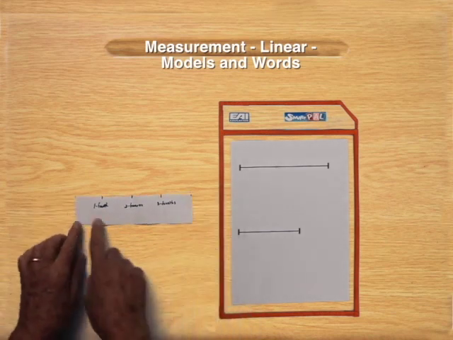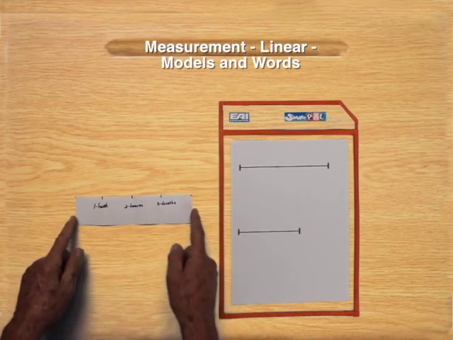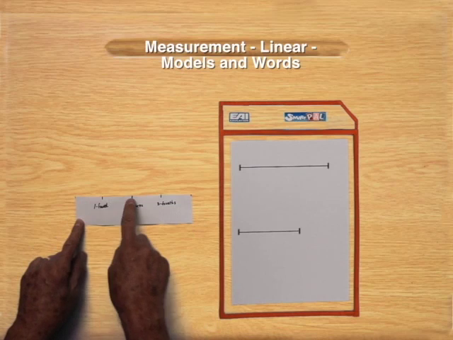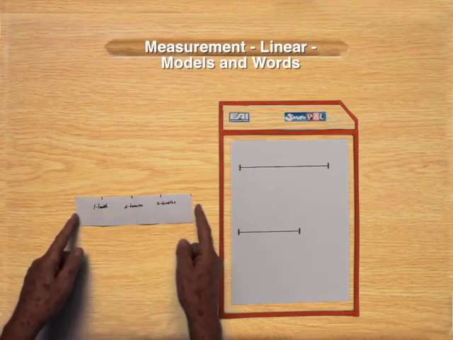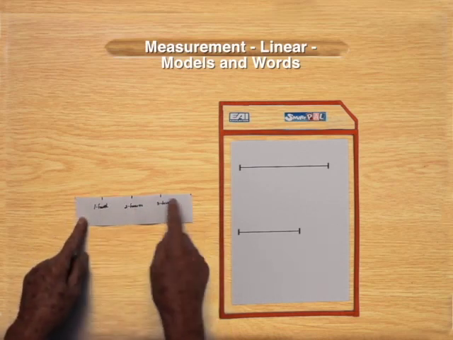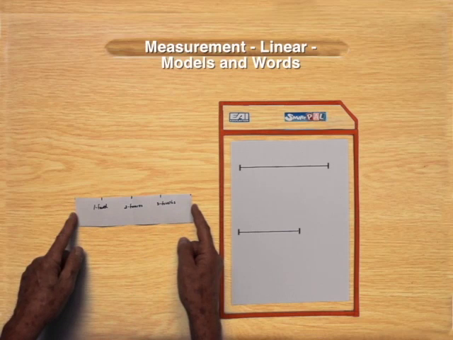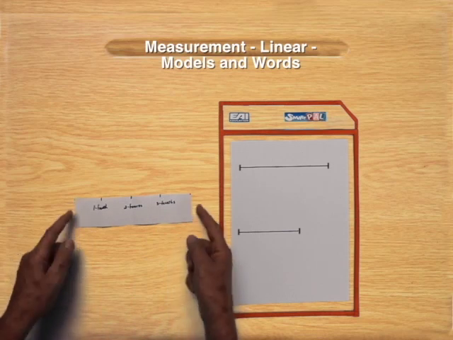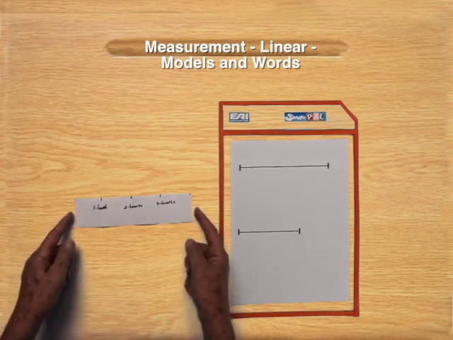So now we have from here to here is 1/4 of our unit of measure. From here to here is 2/4 of our unit of measure. From here to here is 3/4 of our unit of measure. And then from here to here is our 1 unit of measure.